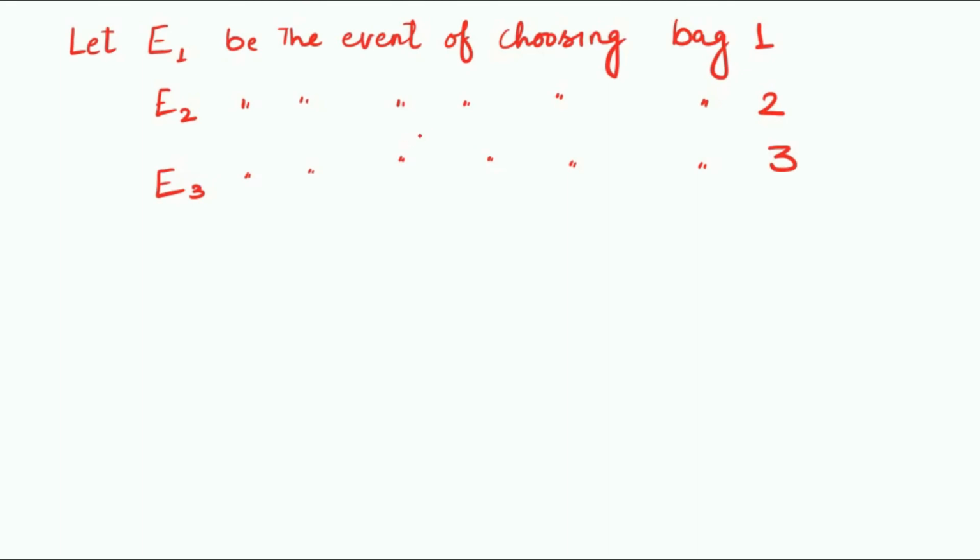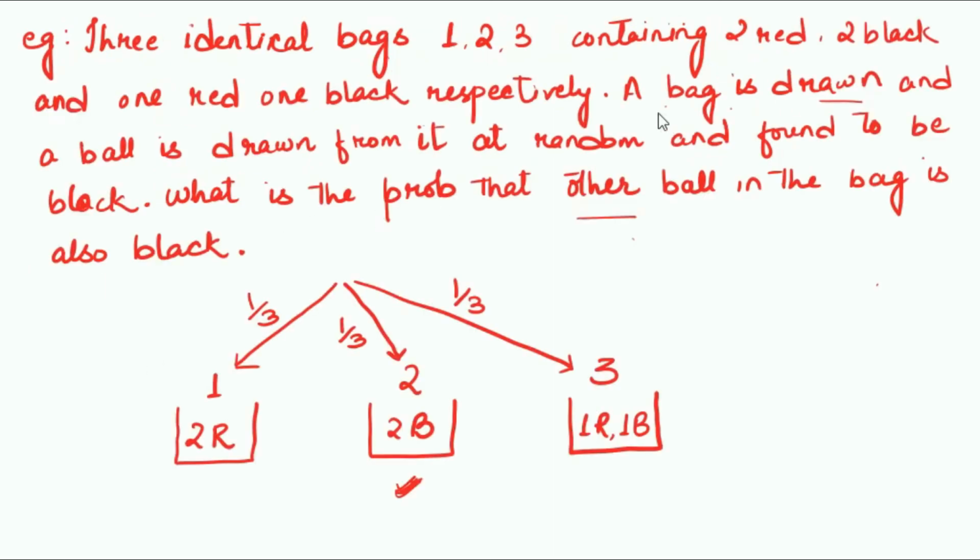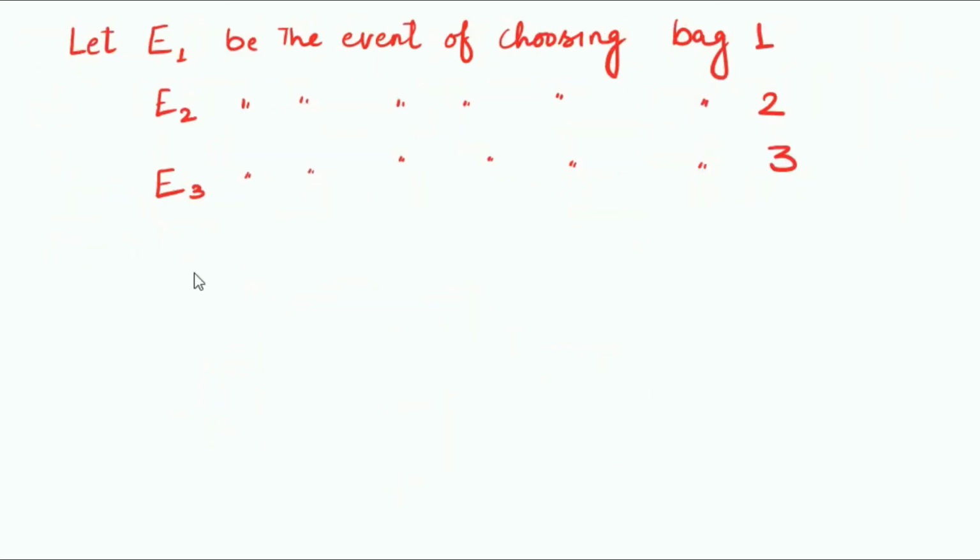So you have to look at the problem in steps. Whenever you are choosing a ball, first select the bag and then select the ball. Try to break every problem in this way. Now what is known to us? A bag is drawn and a ball is drawn from it at random and found to be black. You have to define what has happened.